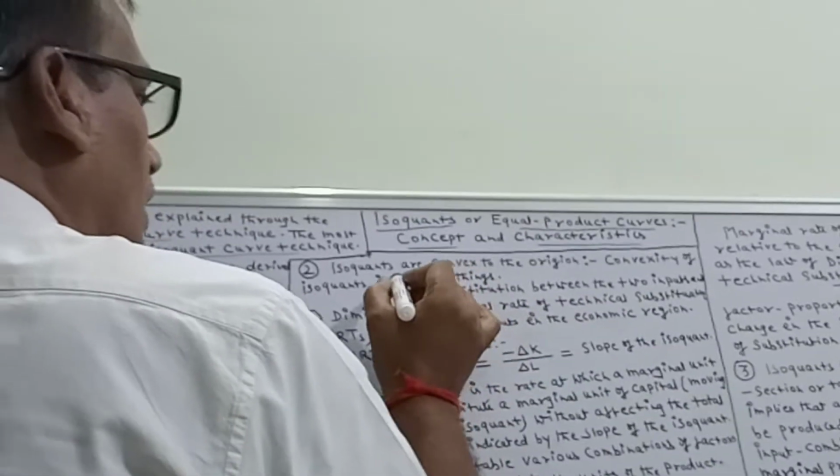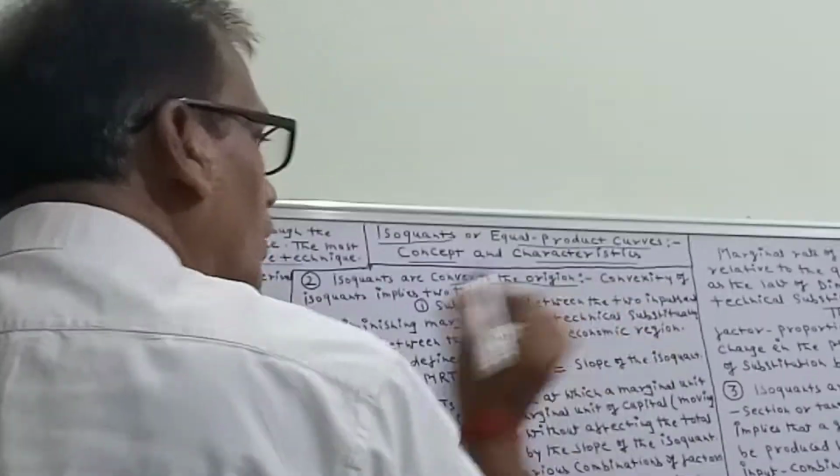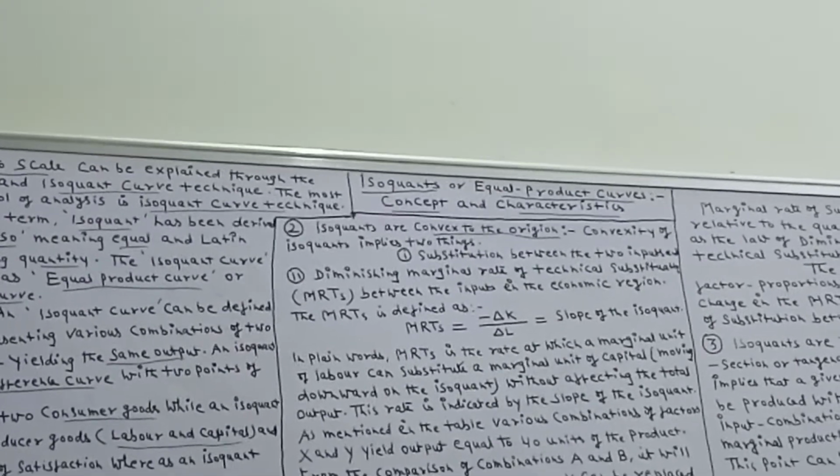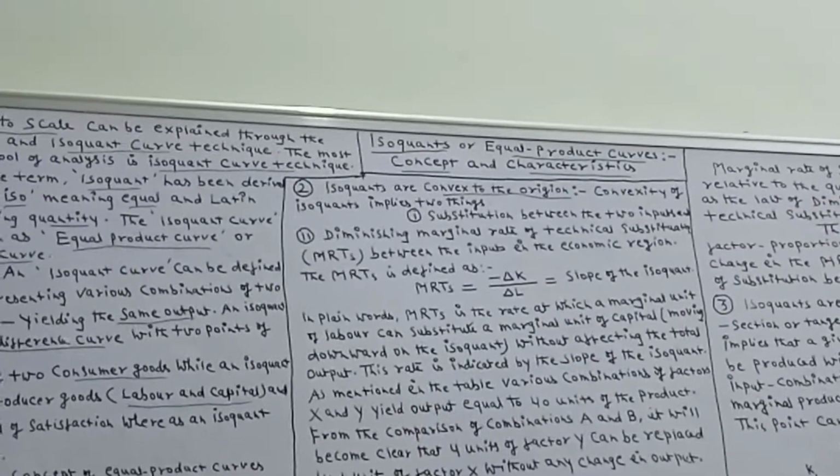Now the second property of isoquant is that it is convex to the point of origin. Now convexity of isoquant implies two things.